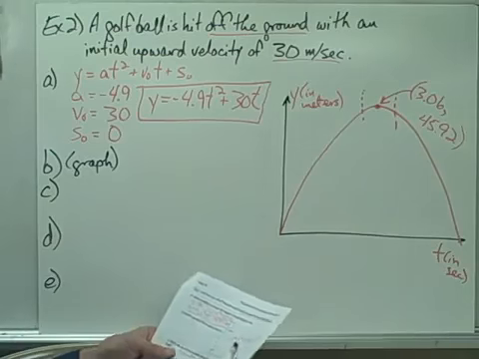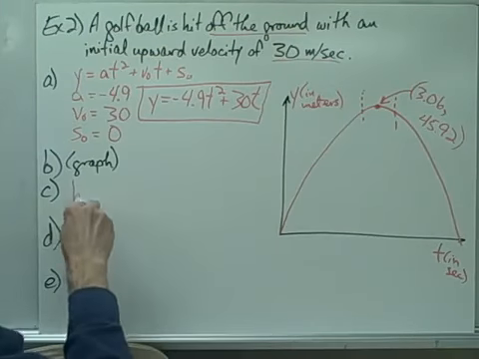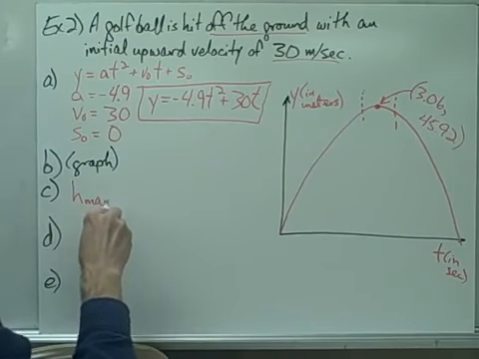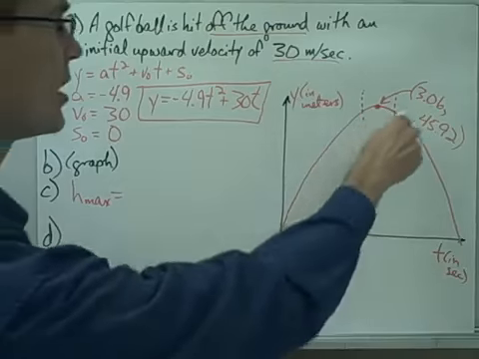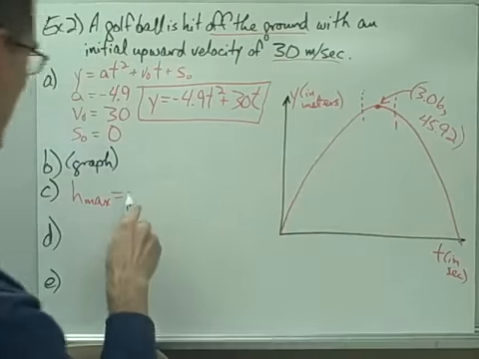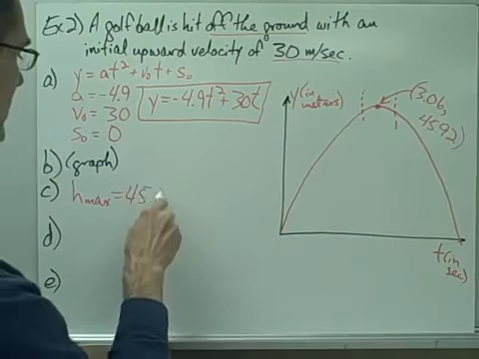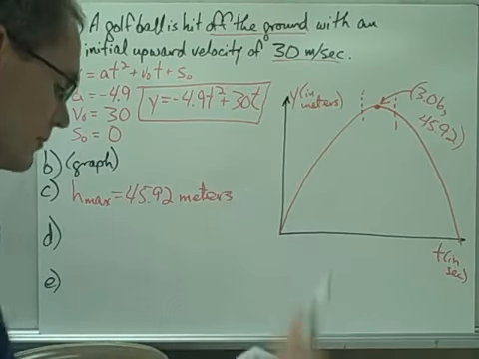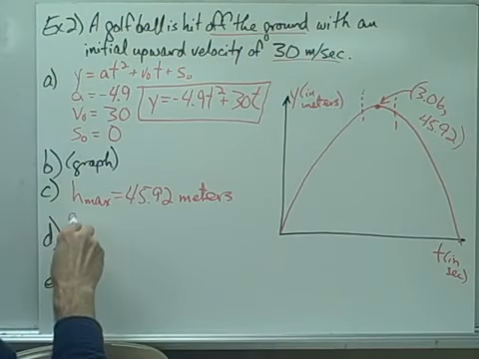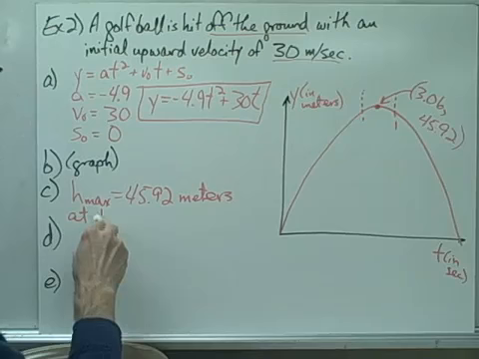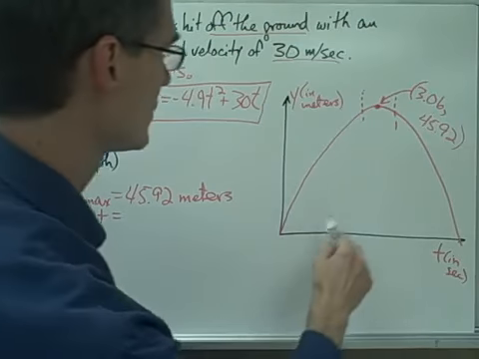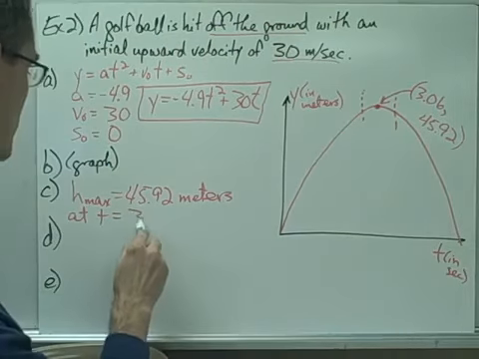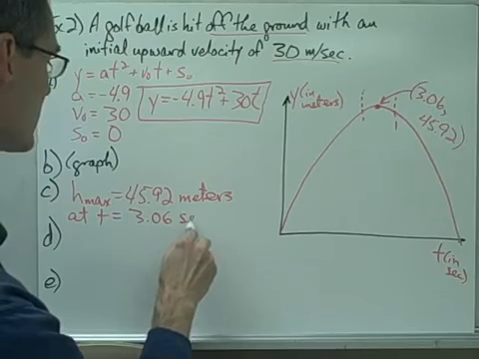And that tells me that the maximum height, we call that h max, of my golf ball is this y value, 45.92 meters. And it reaches that height at time t equals 3.06 seconds.